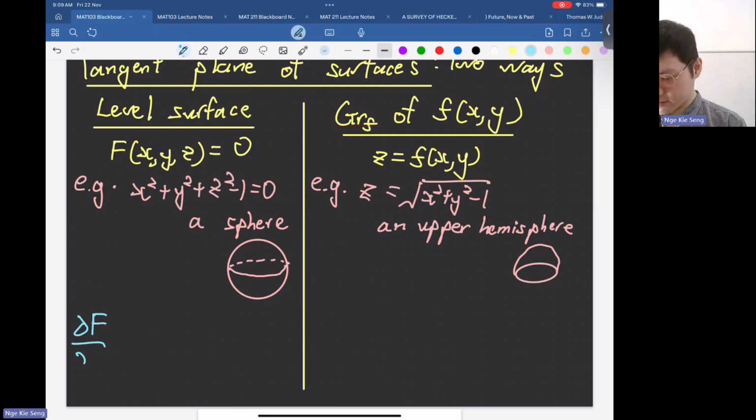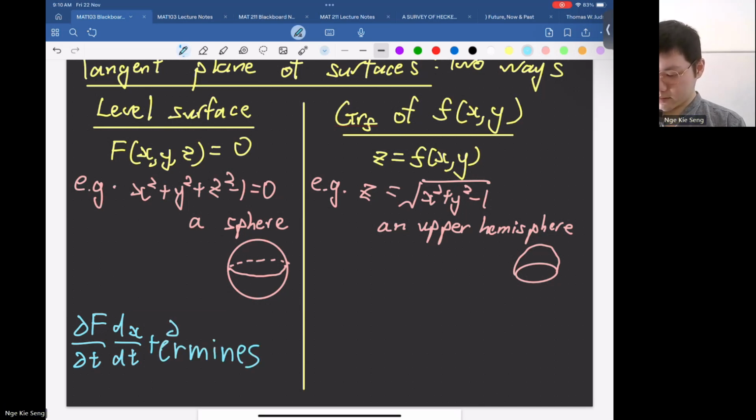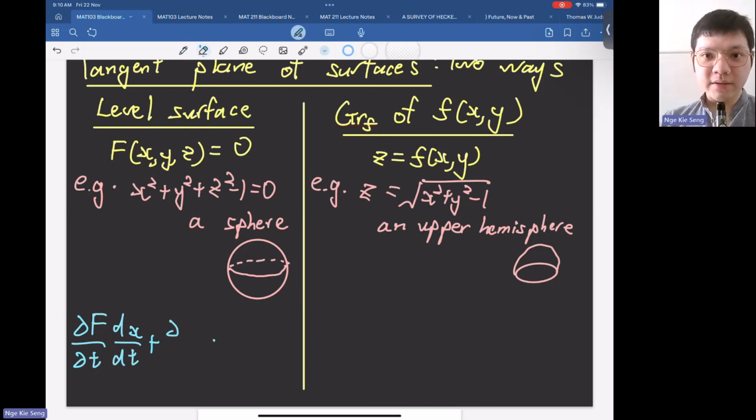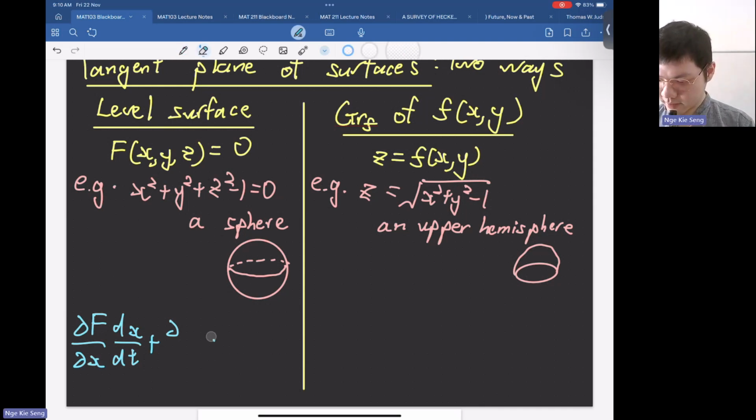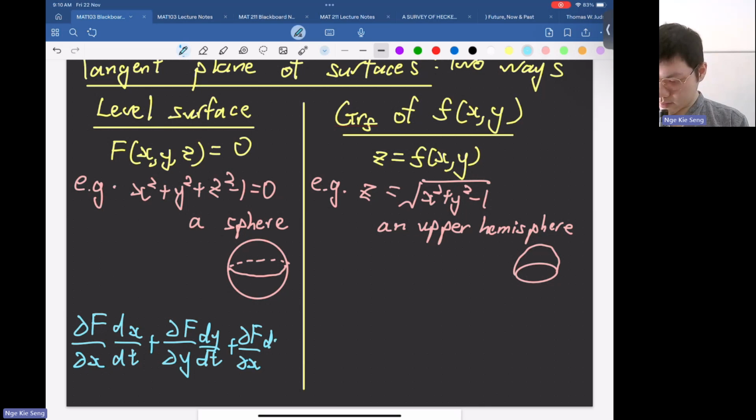We get del f del t equals del f del x dx dt plus del f del y dy dt plus del f del z dz dt equals 0. What's the formula here? Did I do it wrong? The last one is del z. So where does this formula come from?